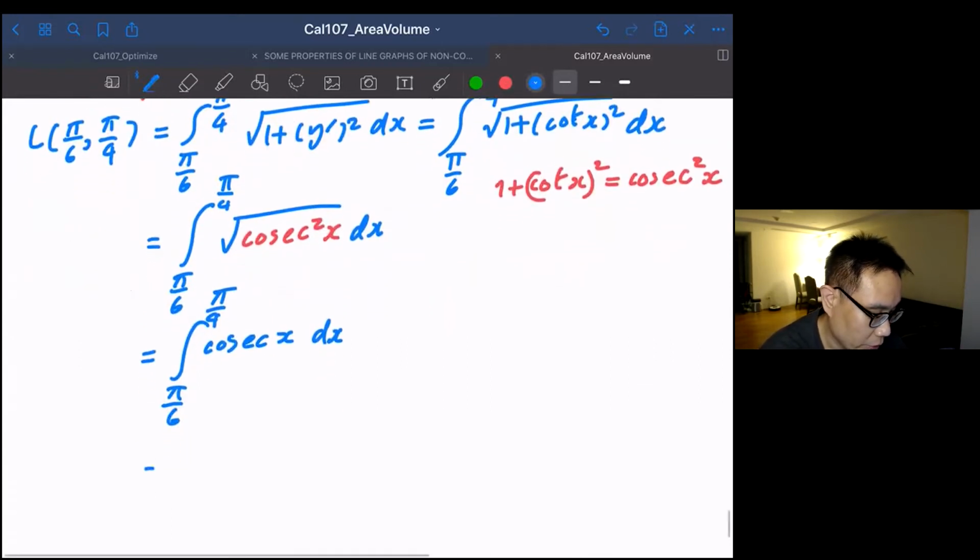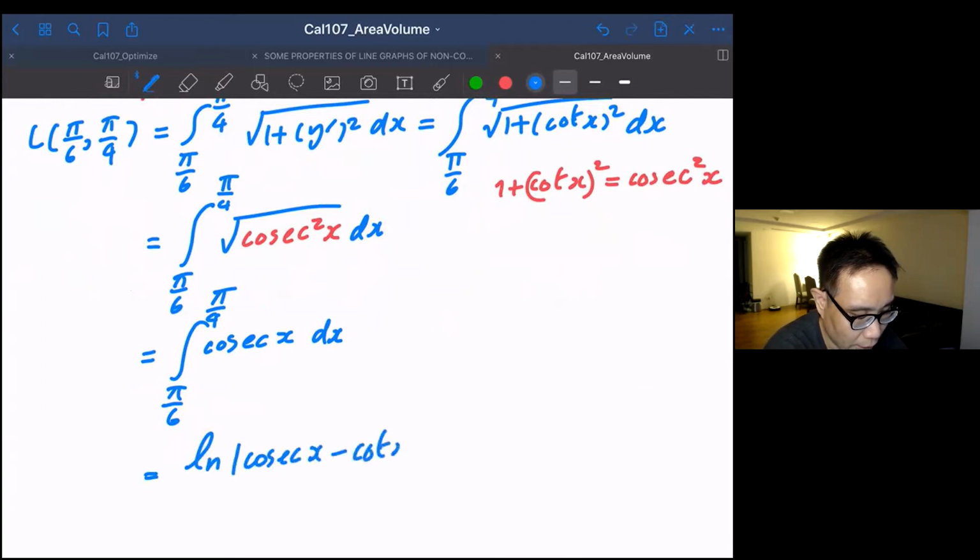In this case, integrating cosec x gives log of cosec x minus cot x, from pi/6 to pi/4.